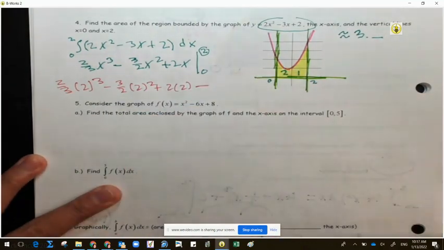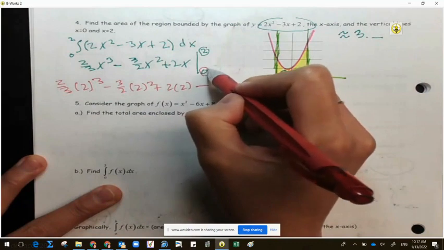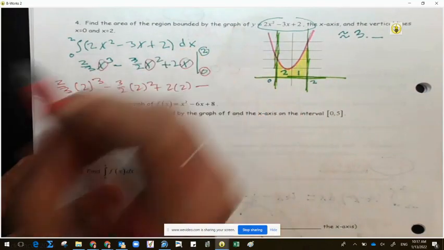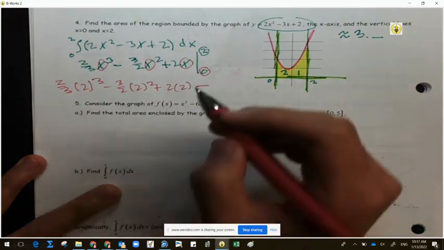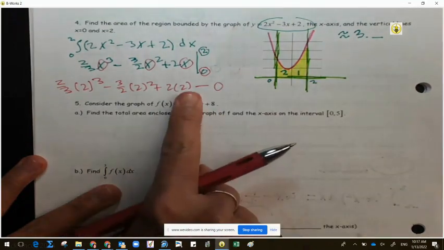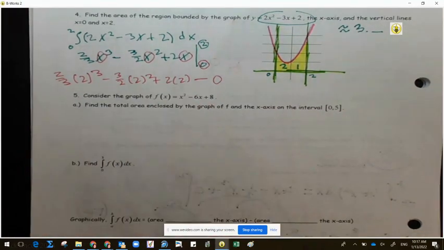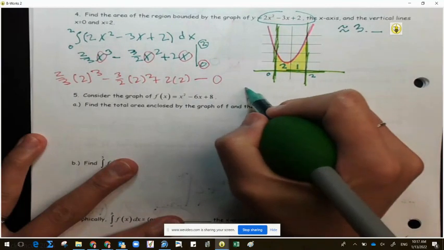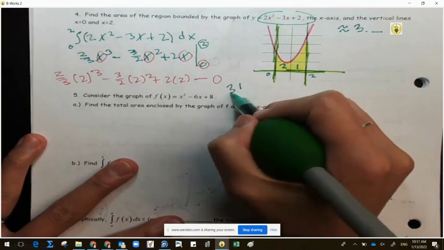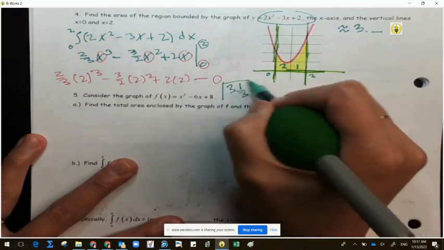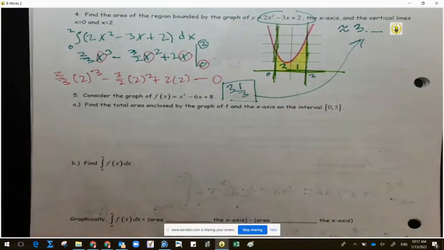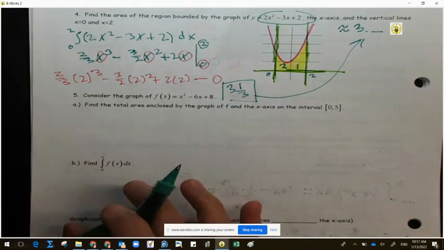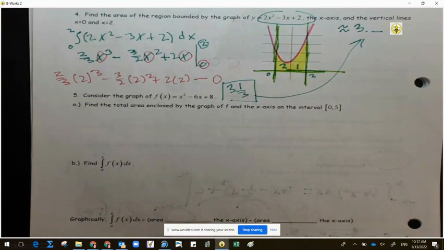Now, the nice thing about the next one, when I plug in the 0 into my domain, what is that going to give me no matter what? 0. So you can leave it like that for the free response. But if you were to go all the way, it's going to give you 3 and 1/3 as our final answer. Is that somewhat approximated? Yep. But then, of course, with our human eye, it's hard to figure out the exact value.